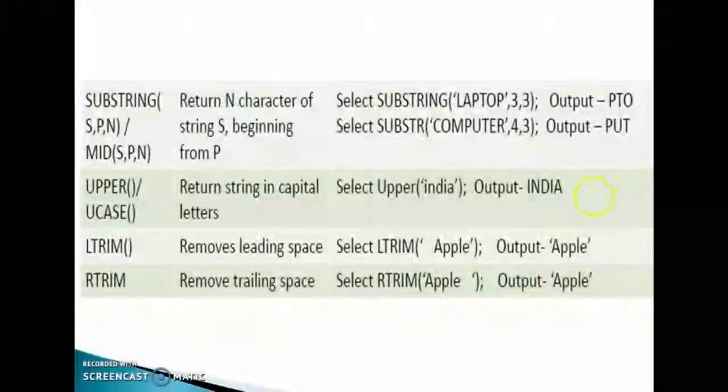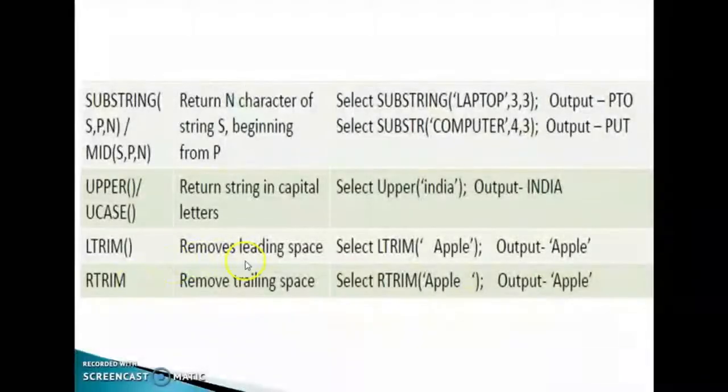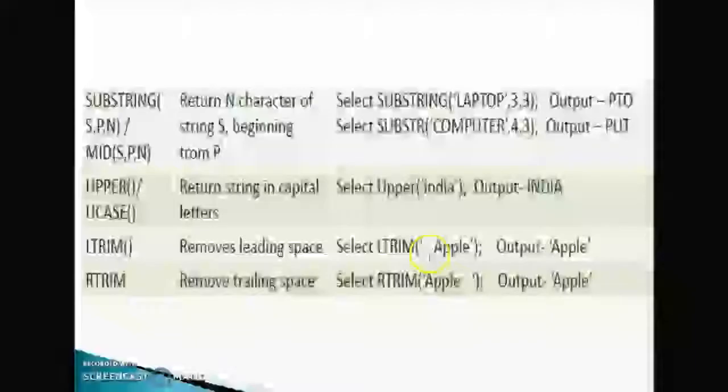Then LTrim and RTrim. This is used to remove spaces. Ltrim removes the space from the beginning. Rtrim is used to remove the space at the end. Ltrim removes leading space. Check this one. Select Ltrim. First I gave some space, after that I used this apple.